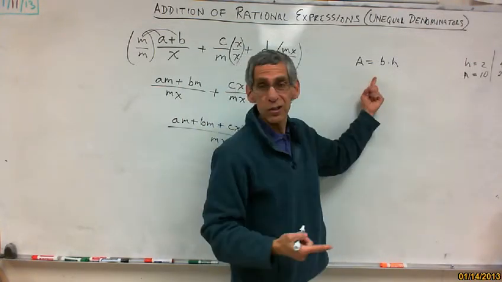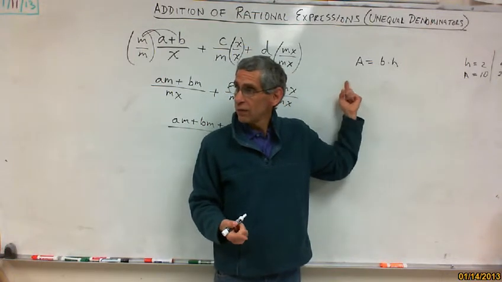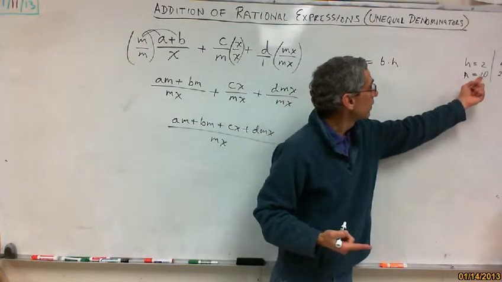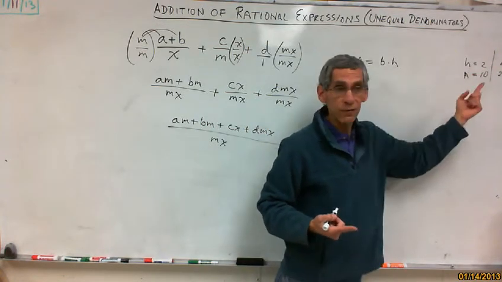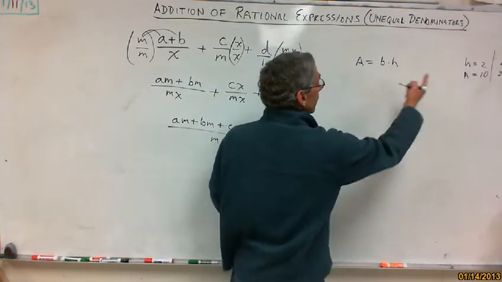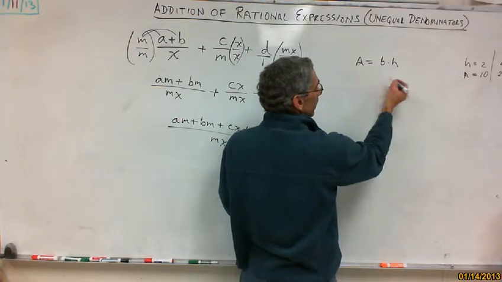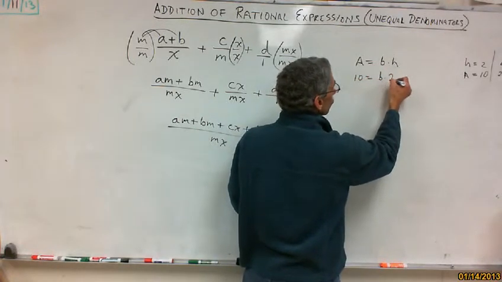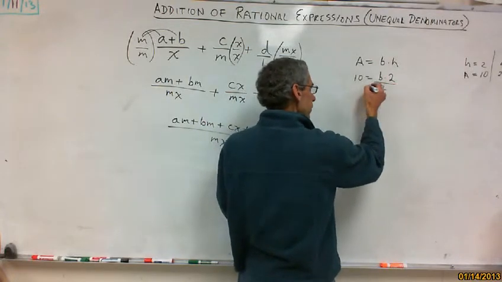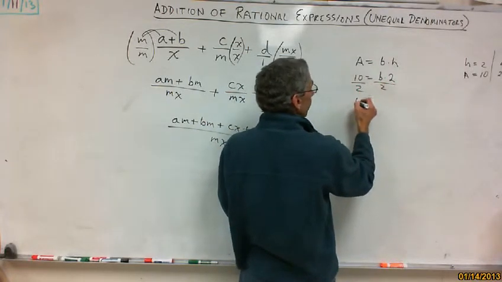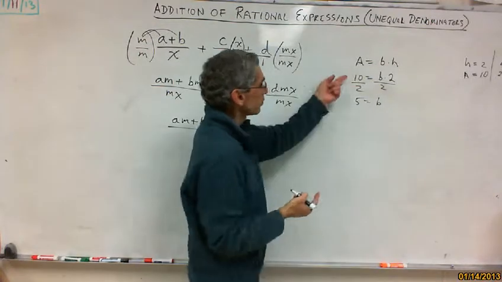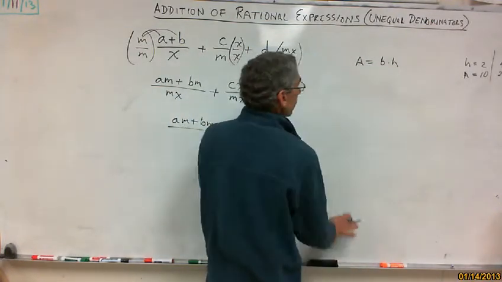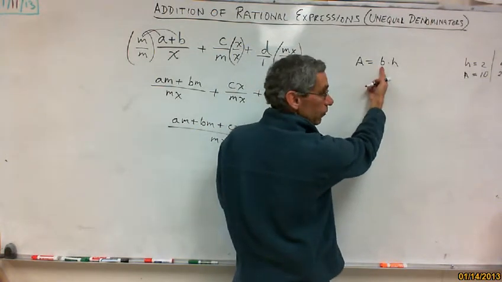I would want to solve this for b first, so I can immediately say it's 10 divided by 2, or 20 divided by 5. As opposed to substituting, it would be 10 equals b times 2, and then I'd have to divide both sides by 2 and I have 5 equals b. Well, that's 2 steps. I'd rather take my formula and solve for b.